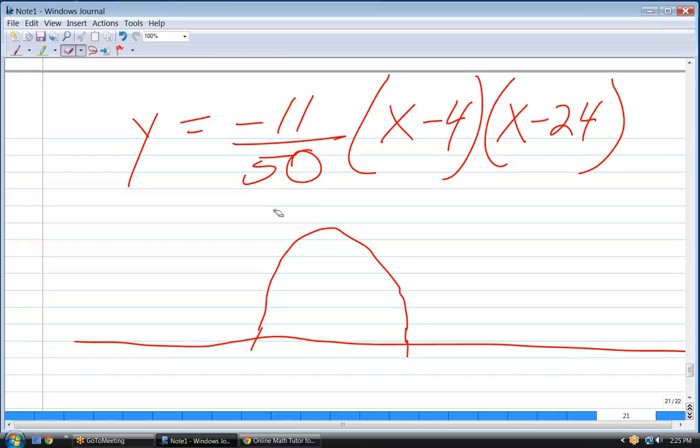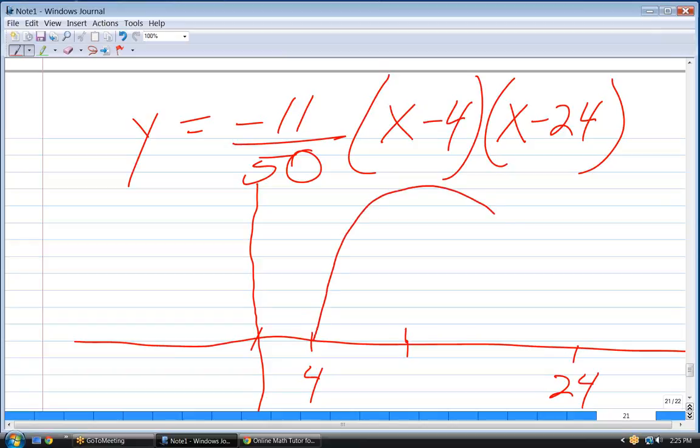So if I were to draw an xy coordinate plane on this function like that, I now can say that my two intercepts are at 4 and 24.